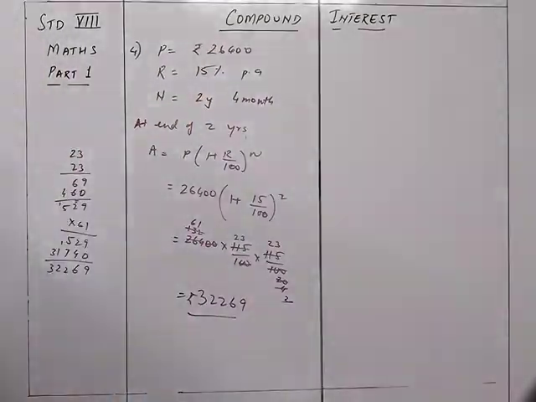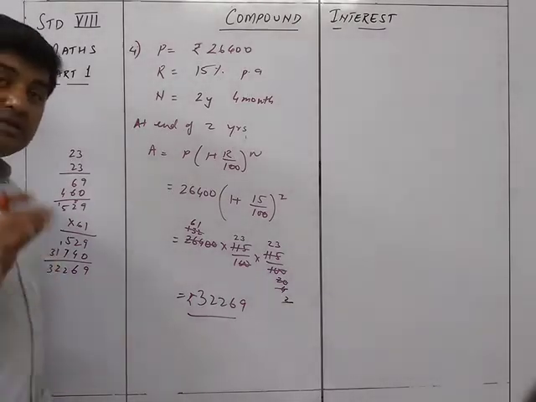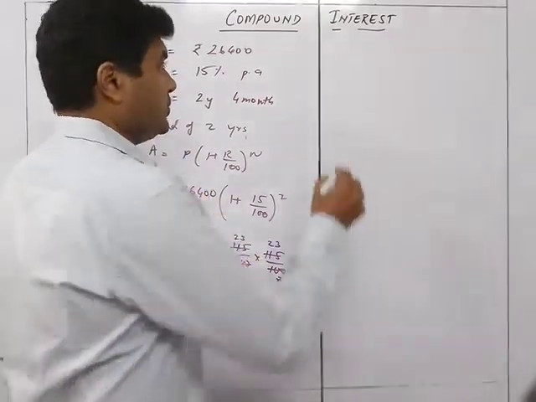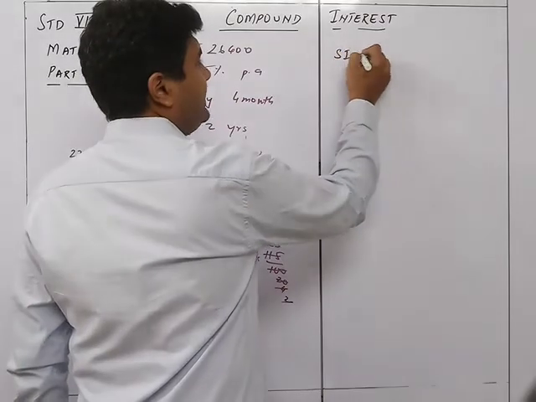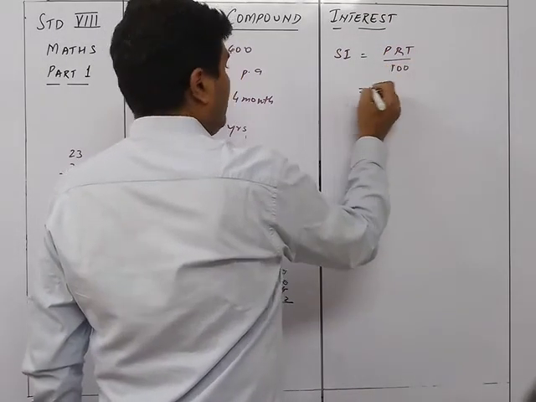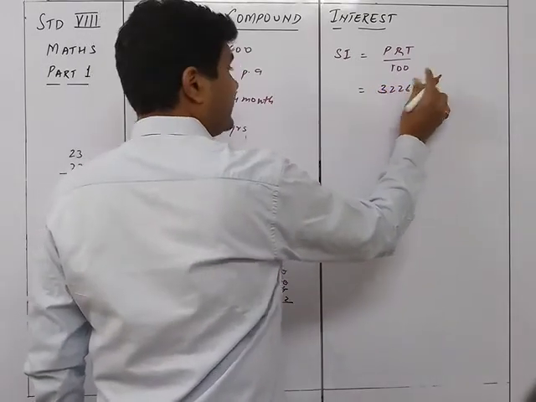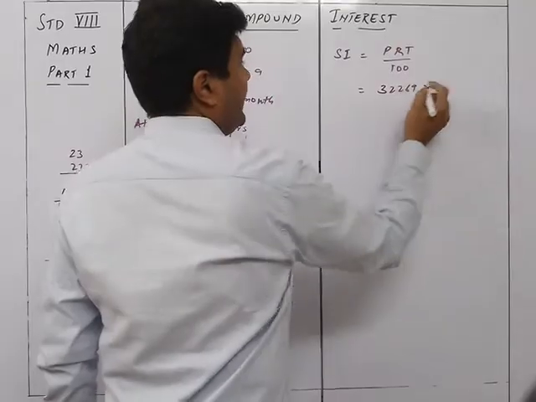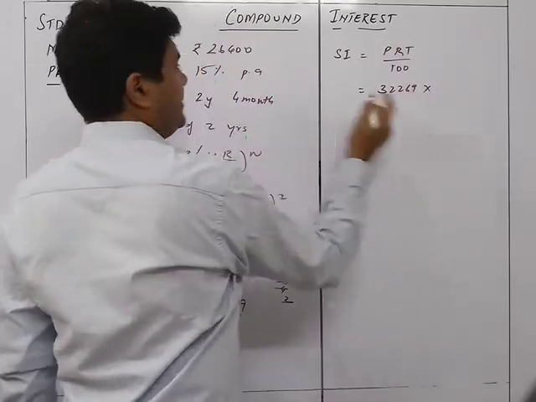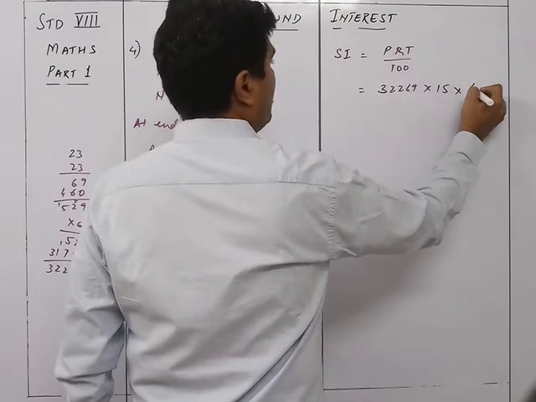Now they have told me 2 years and 4 months. So what I need to do is take another formula, simple interest, for the 4 months. So you get SI is equal to PRT upon 100, wherein principal will be equal to 32269. The rate of interest will be 15% only, but the time period will be 4 months, so that is 4 upon 12.